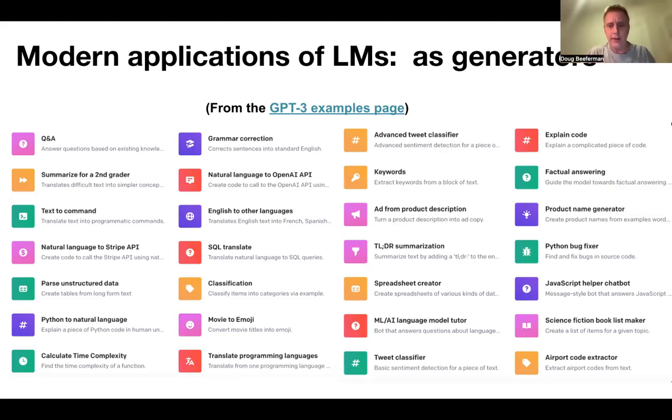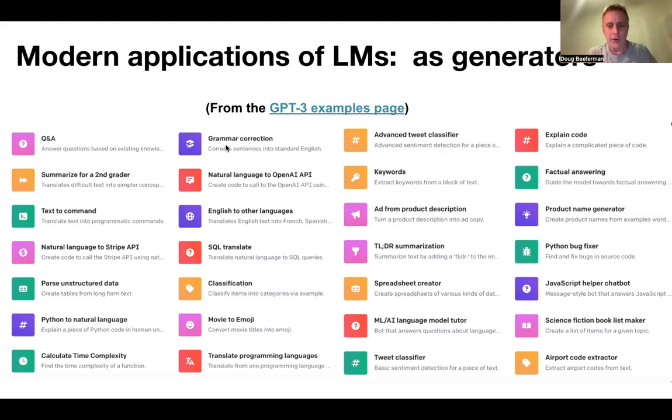So this is the examples page from OpenAI's GPT-3 API. You can see it starts with Q&A, where you can prompt the language model with a question and then get back an answer. Possibly right, possibly wrong, and we'll get to how to measure that later in the class.